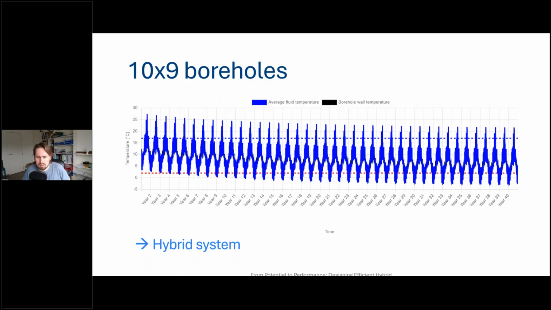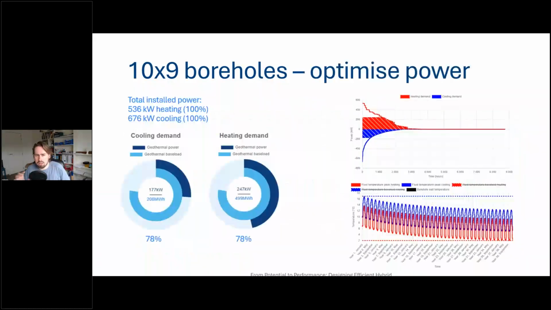So let's do that. We will start by using the methods to optimize the power. And what you can see here, I want to draw the attention to the temperature plot below, is that we have peak shaved, let's say, the building demand for a geothermal system in such a way that we stay between the temperature limits and that we have 78% of geothermal share in heating and cooling, which is the light blue circle.